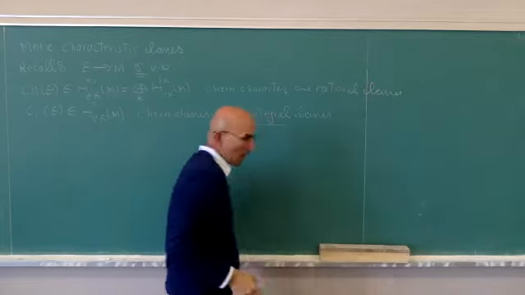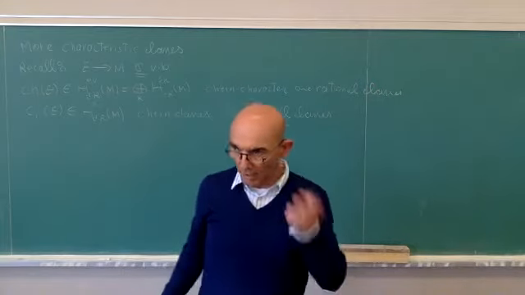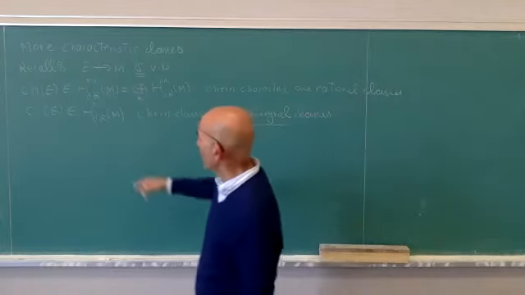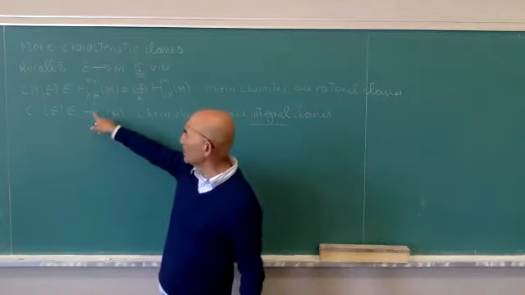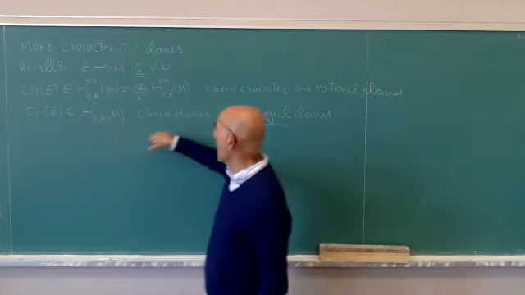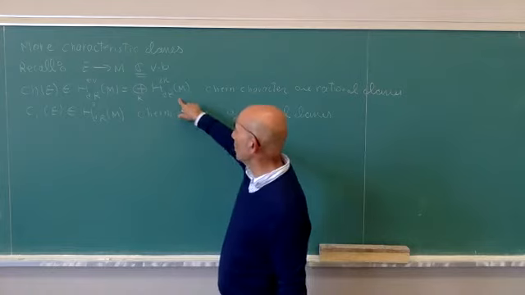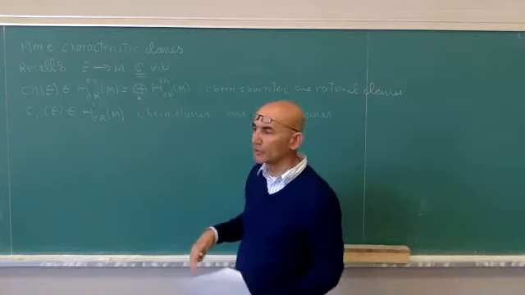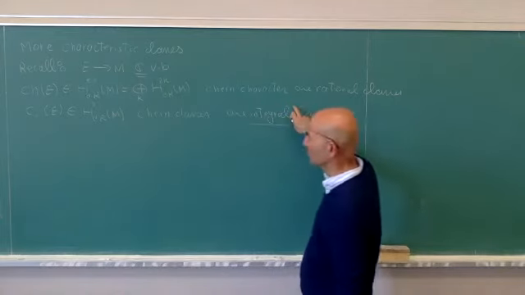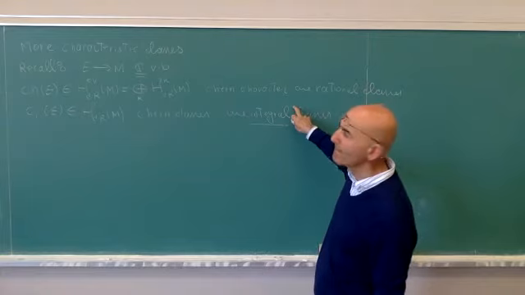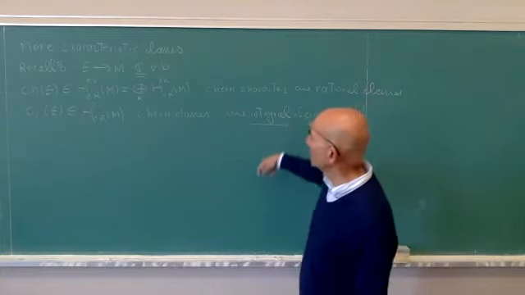By integral classes, I mean that if you integrate this Chern class over some closed submanifold of dimension 2i, for example, you get an integer. And if you integrate this over any closed submanifold of any dimension, you get a rational number. You don't necessarily get an integer all the time. So this is the difference between the two.